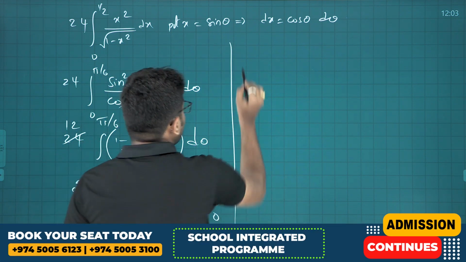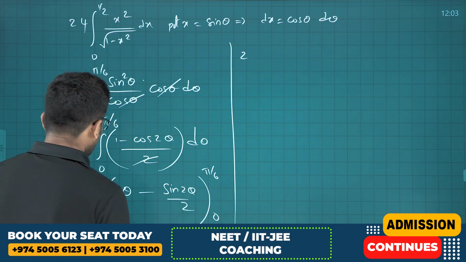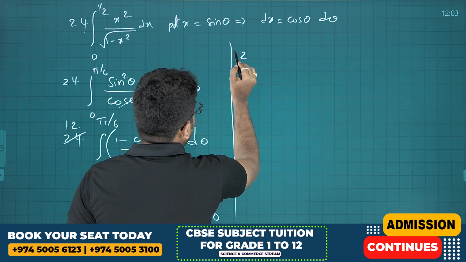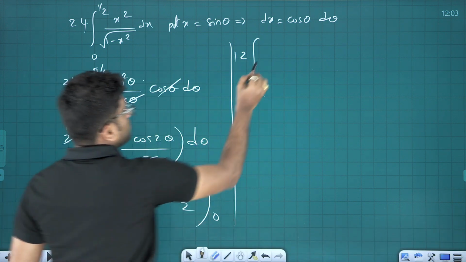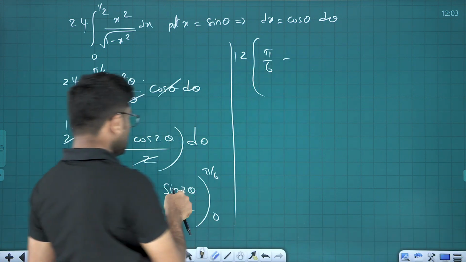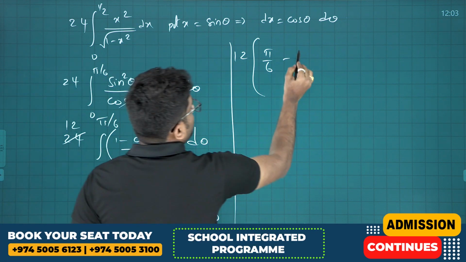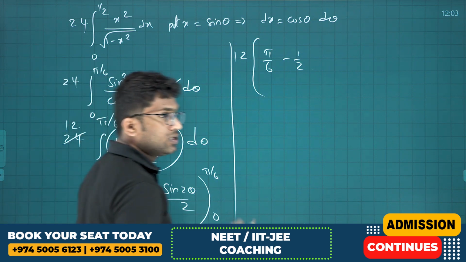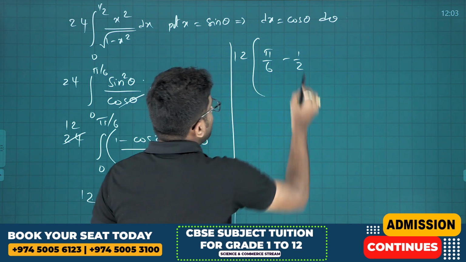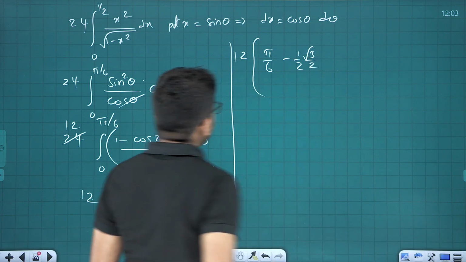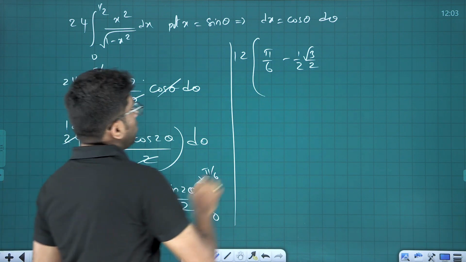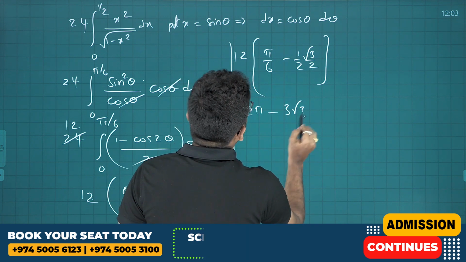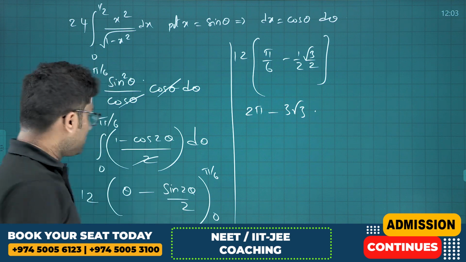So finally it is 12, no? 12 times, put x equals pi by 6, so pi by 6 minus half into sin of 2 times pi by 6, which is pi by 3. Sin pi by 3 is root 3 by 2. Okay, 0 is not necessary, that's it. So that is 2 pi minus 3 root 3. 2 pi minus 3 root 3 is the answer.